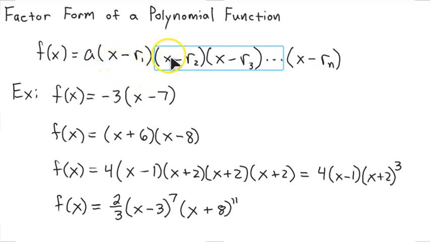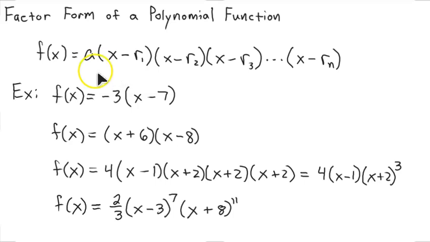Notice these are all x to the first power, minus a number. Okay. You can have x to other powers inside these, but then they're not generally considered binomial factors. And it wouldn't necessarily be called factored form, although it probably can.